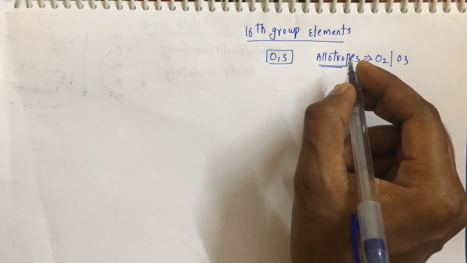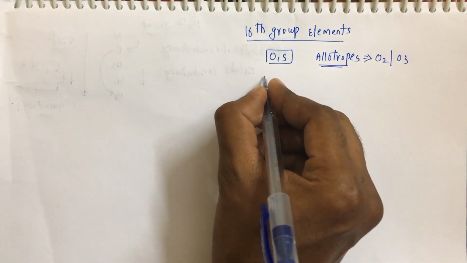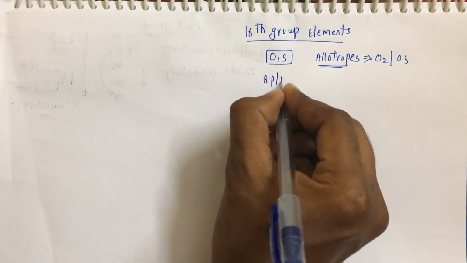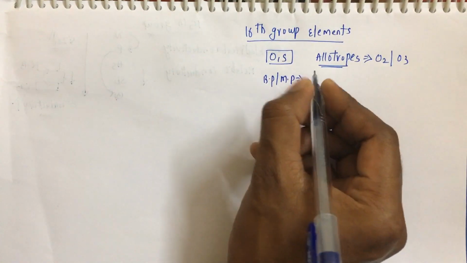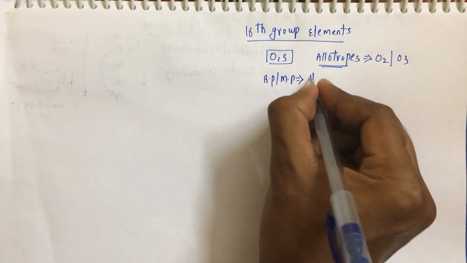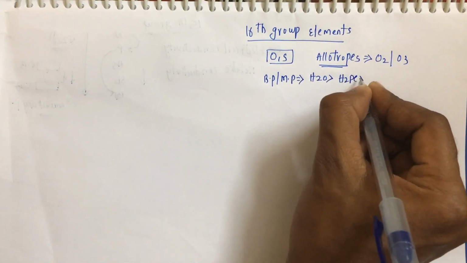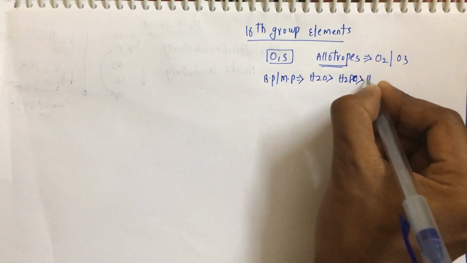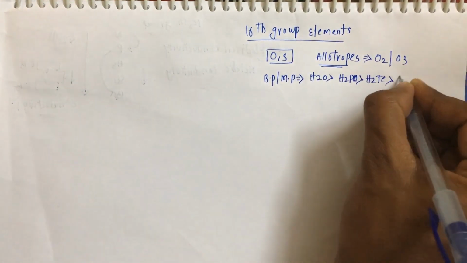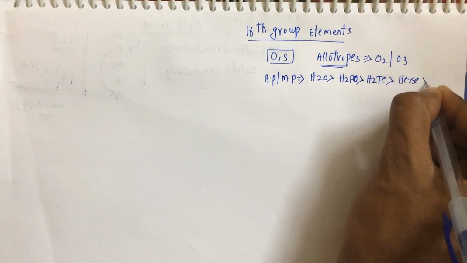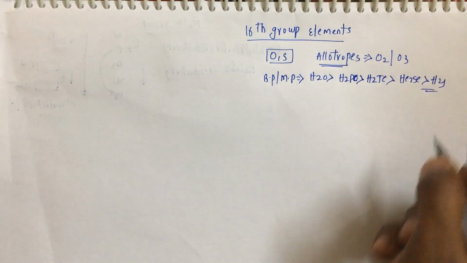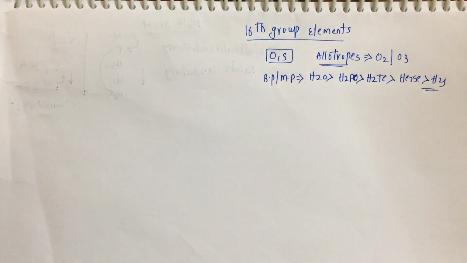And next we have to remember the melting point order and boiling point order also. Both are the same; I explained this concept in the 15th group elements. So H2O will have the highest, then H2Po, sorry, H2Te, then H2Se, and at last H2S. I have explained this in the 15th group elements.